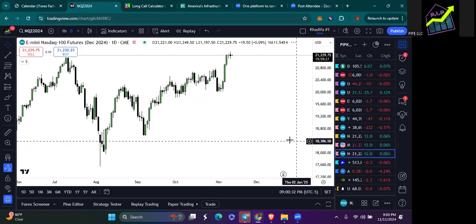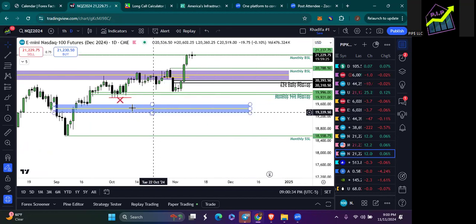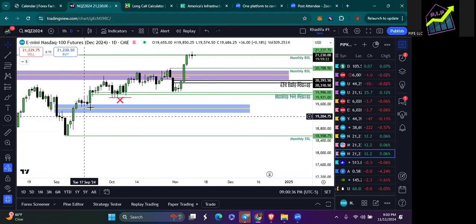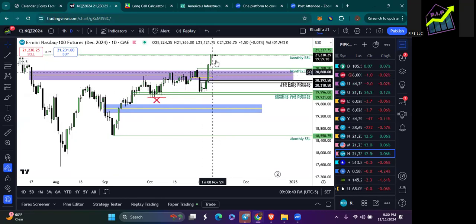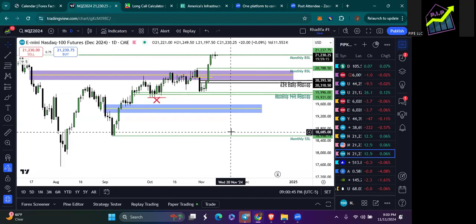Looking at NQ, we see the same thing. September, we've been moving up. November, we've been moving up. So it's obvious that futures are correlating with the dollar, right? Positively correlating with the dollar, meaning moving in the same direction.